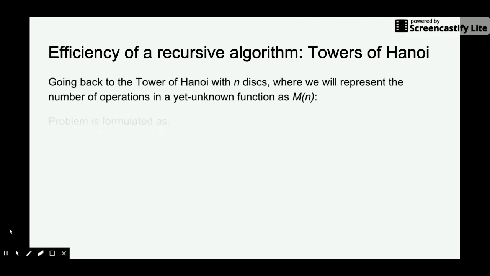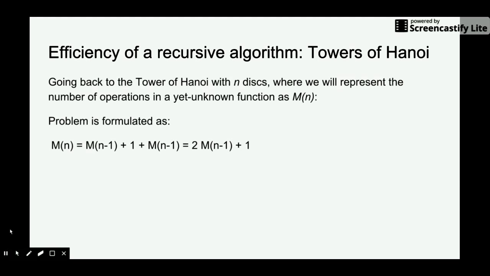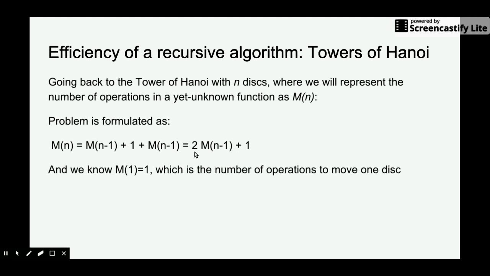It is equal to the number of operations of a tower 1 smaller, plus a move operation, plus the number of operations for a tower 1 smaller. That's exactly what we're doing. So we have a yet unknown function of operations, m of n, equal to 2 times m of n minus 1 plus 1. And we know that m of 1, like having just a purple disk, is 1. It's just a move operation.